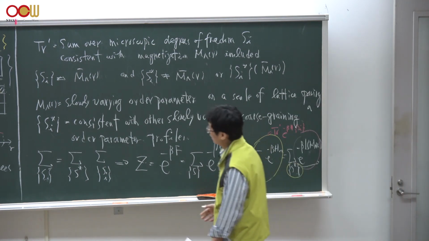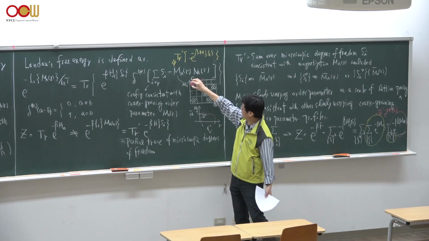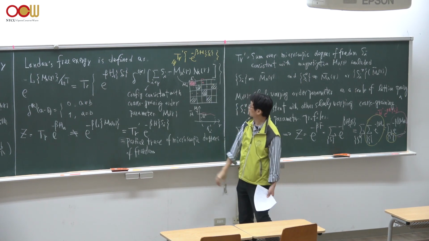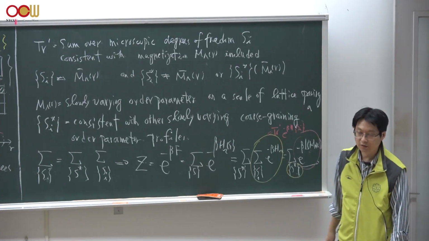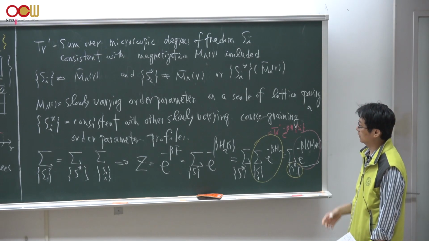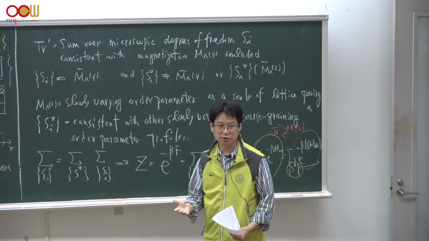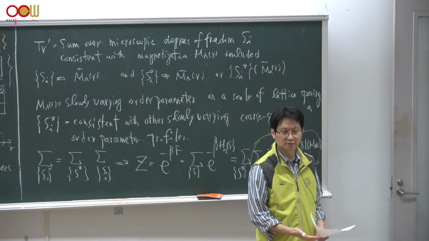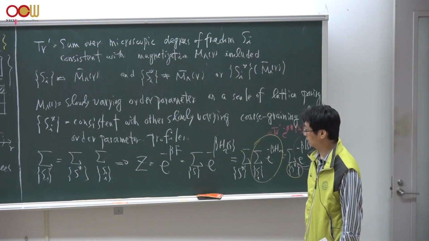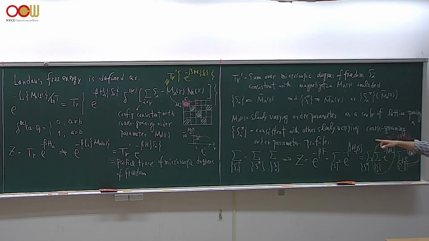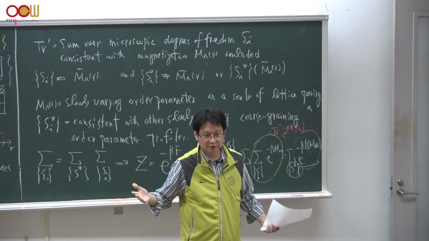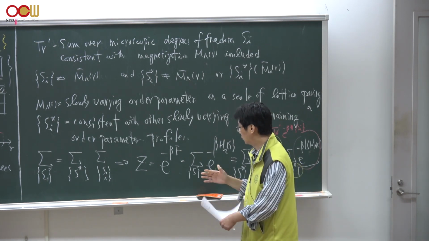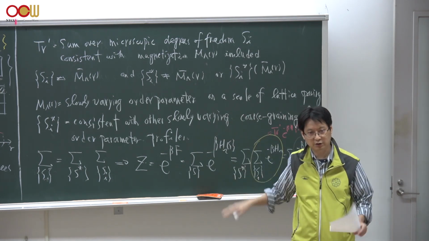Here, we partially trace over the microscopic degrees of freedom up to a certain region, then we get an intermediate scale free energy, and that intermediate scale free energy helps us to understand the phase transition. So it's not useful to directly compute the whole thing by tracing over all microscopic degrees of freedom to get the phase transition, because, as I mentioned, there's no information about the local fluctuations and so on.